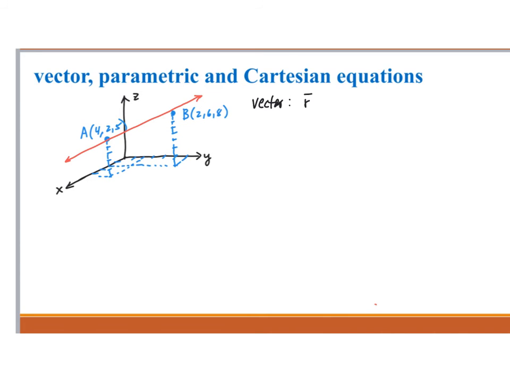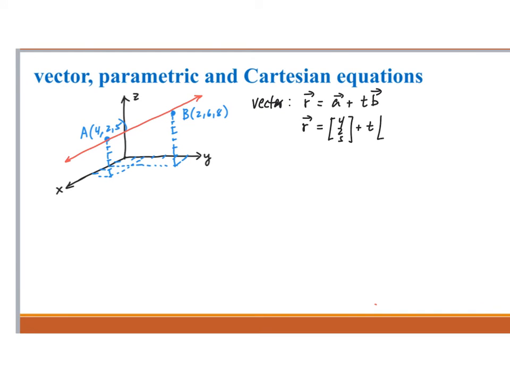So we will have r is equal to a plus tb. For a, we can use the position vector of either A or B. I'm going to use A here, so that's going to be 4, 2, 5.